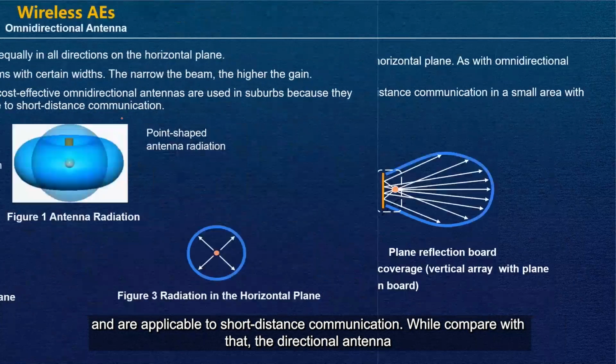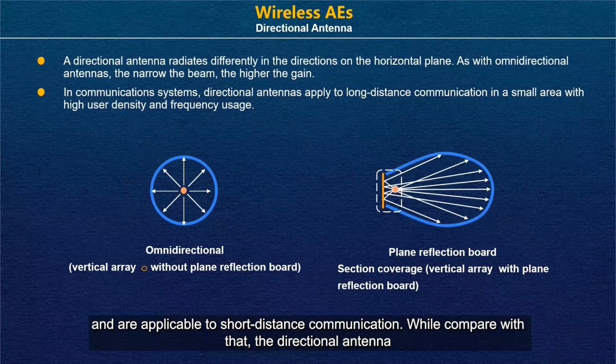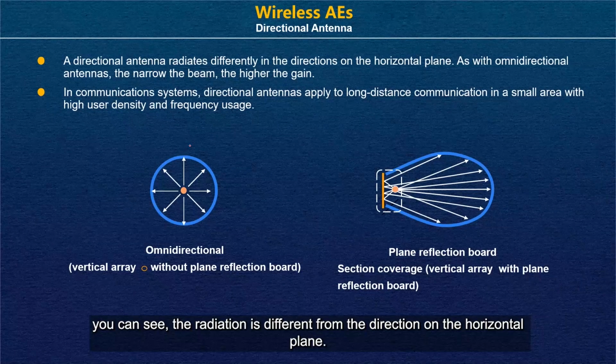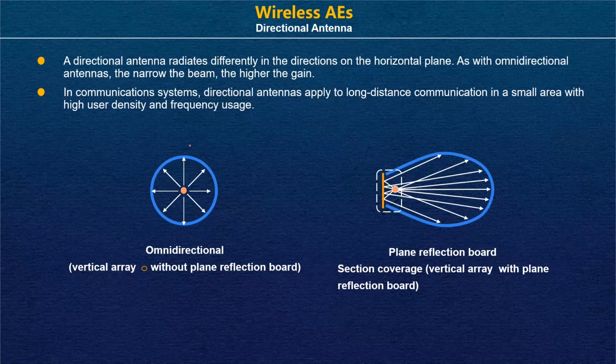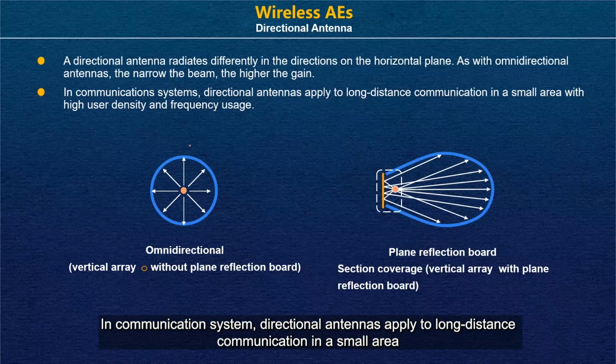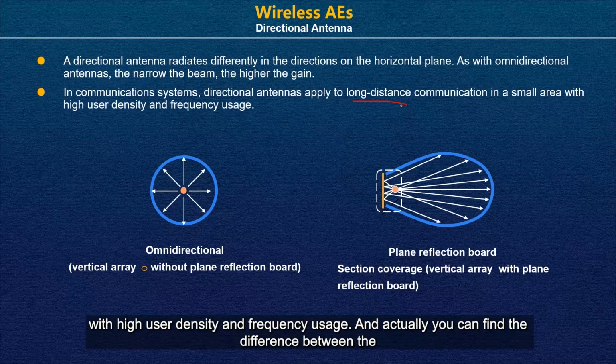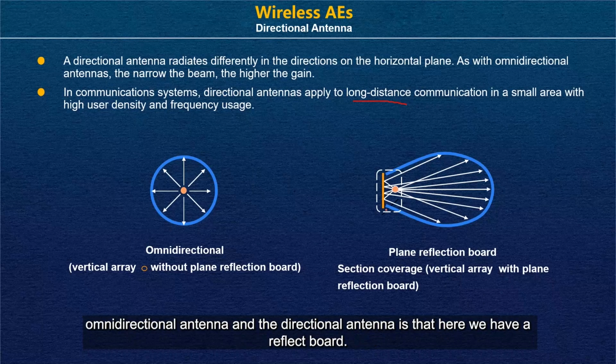Compared with that, the directional antenna radiates differently in the directions on the horizontal plane. In communication systems, directional antennas apply to long distance communication in a small area with higher user density and frequency usage. And actually, you can find the difference between the omnidirectional antenna and the directional antenna is that here we have a reflect board.